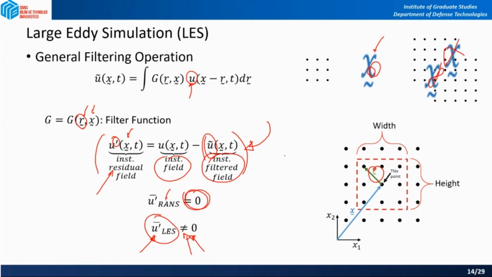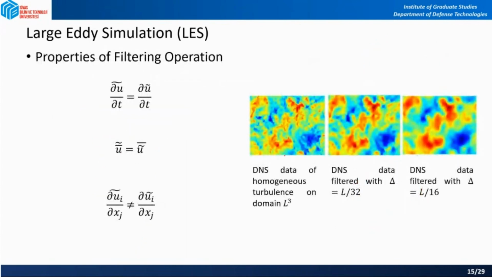Okay, let's continue. These are some properties of the filtering operation. The first property says that the filtered du/dt is equal to d/dt of u tilde.